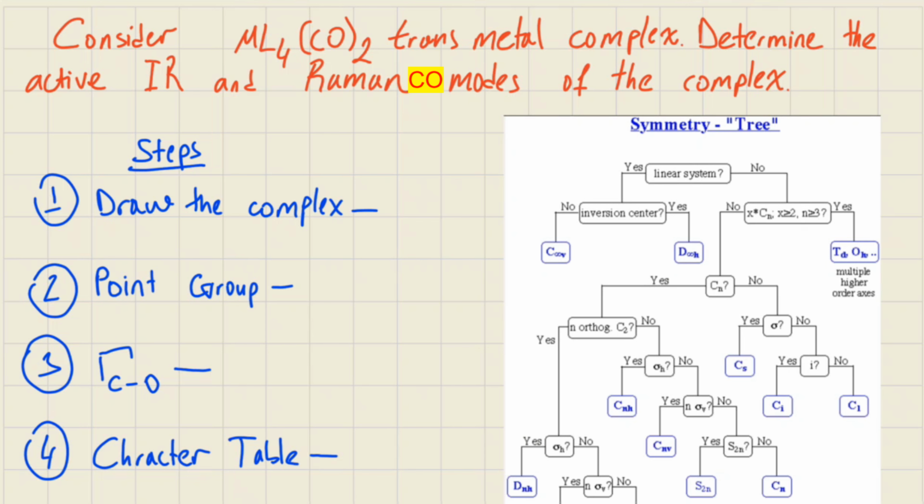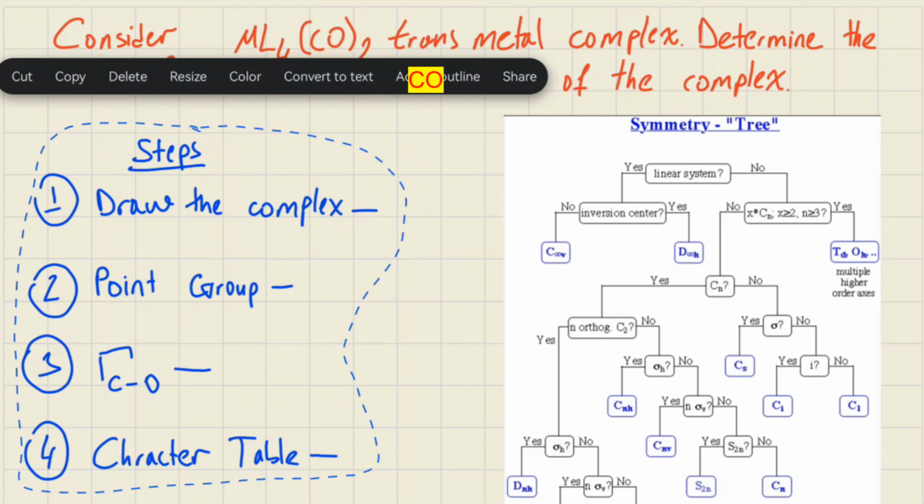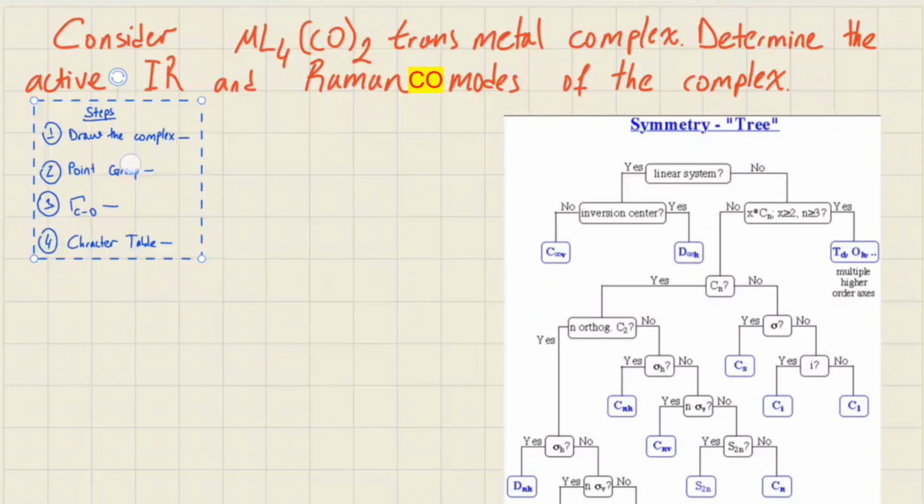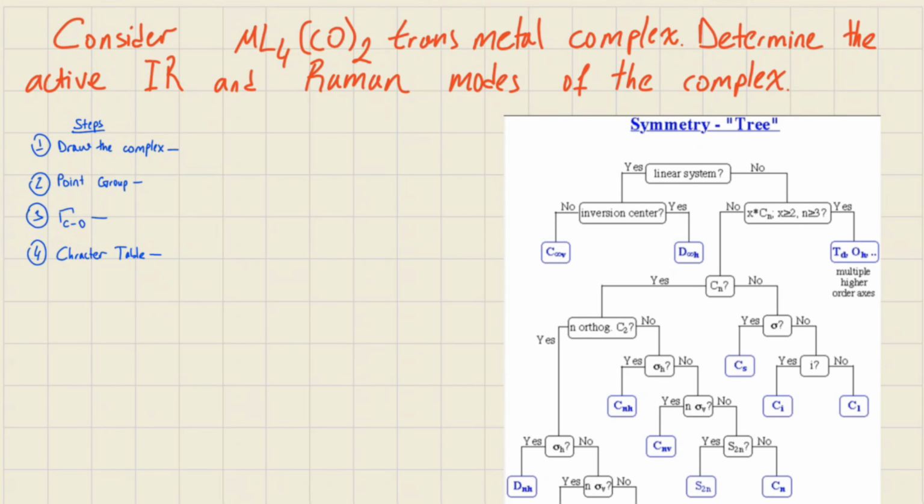So firstly, I need a space to draw the molecule. So this is a trans metal complex, which means that one of the CO is on the top, and I should draw the CO like this.